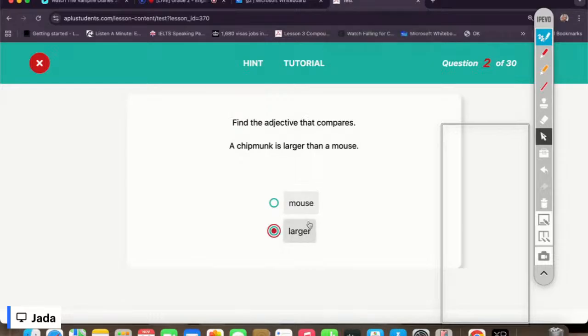So here we have larger. Then an elephant is stronger than a horse. Horse or stronger. So you can send your answers to me, okay? Just interact and I will see your answers, okay?